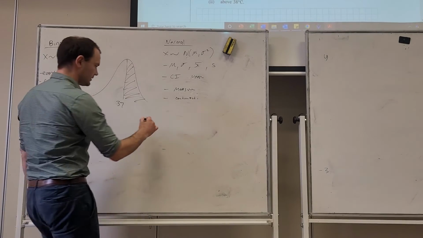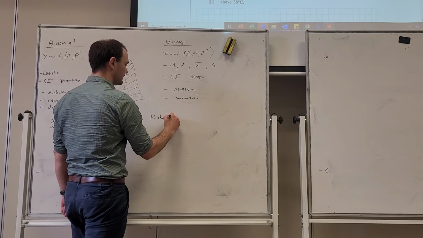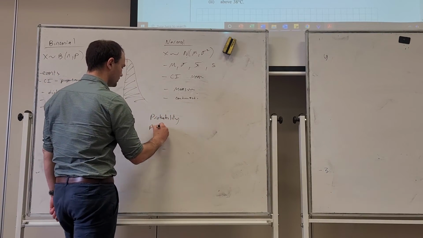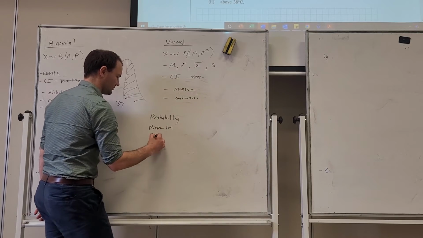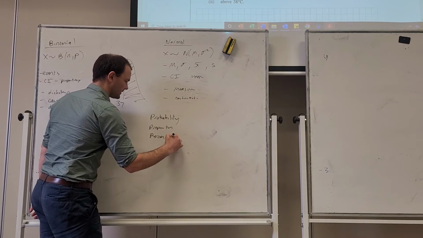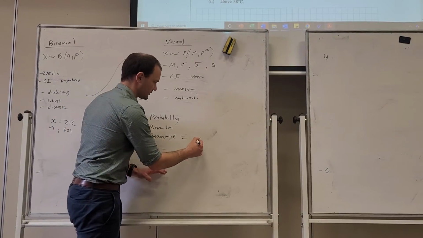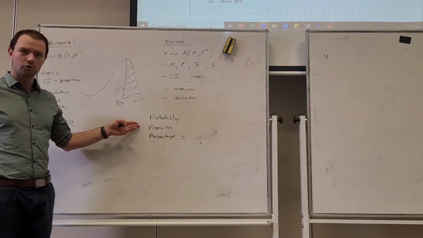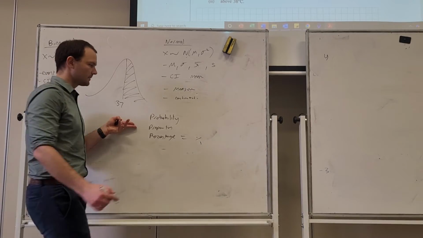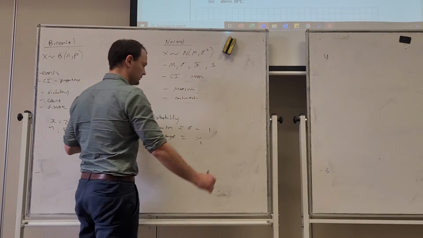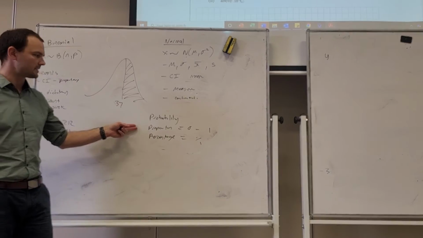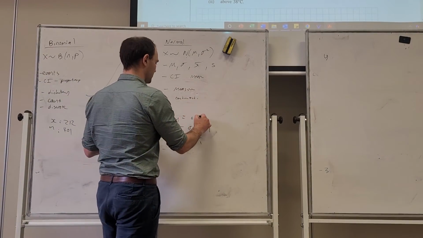Now just a couple of words we often ask, right? Probability, proportion, and then percentage, okay? So, if it says what percentage of people have a temperature above 37, you need to answer as a percentage. If it says proportion, you need to answer between 0 and 1. Okay, it's a proportion, you need to answer between 0 and 1, and the same with probability.